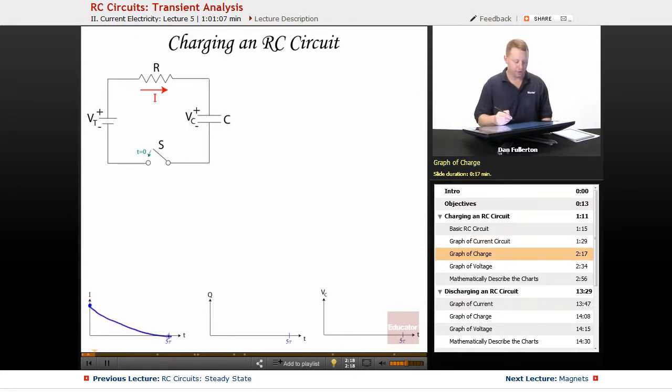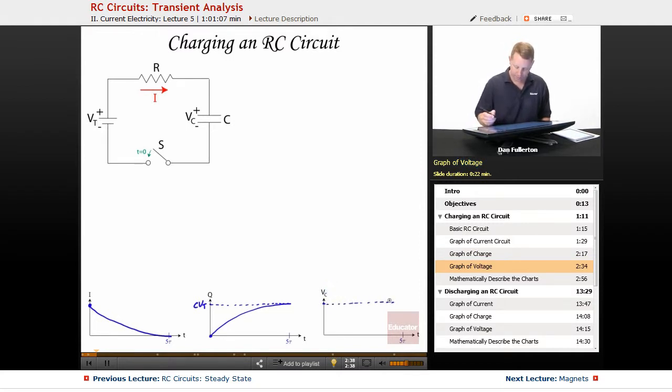The charge on our capacitor is going to start at 0. It's uncharged, and after a long time, that being again 5 tau, it's going to be C V_T. So we'll have an exponential rise toward that asymptote. And the voltage across our capacitor starts at 0, acting like a wire, and over time approaches V_T. So our graphs should look something like that.